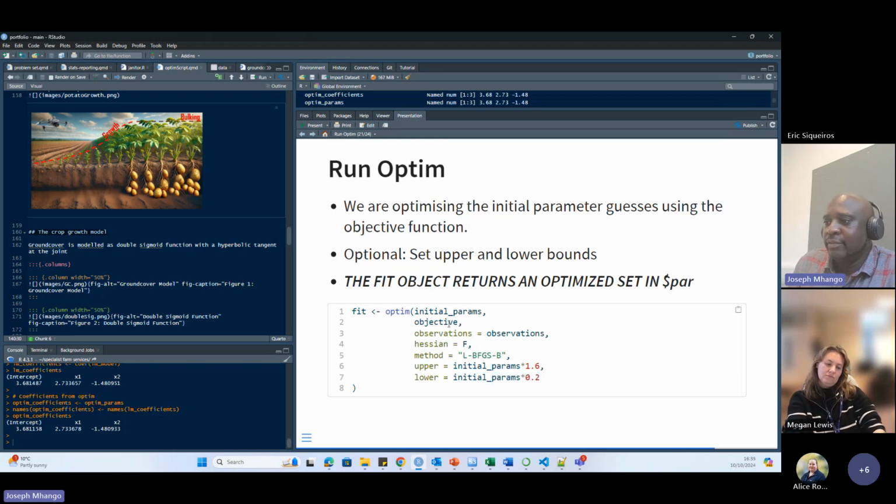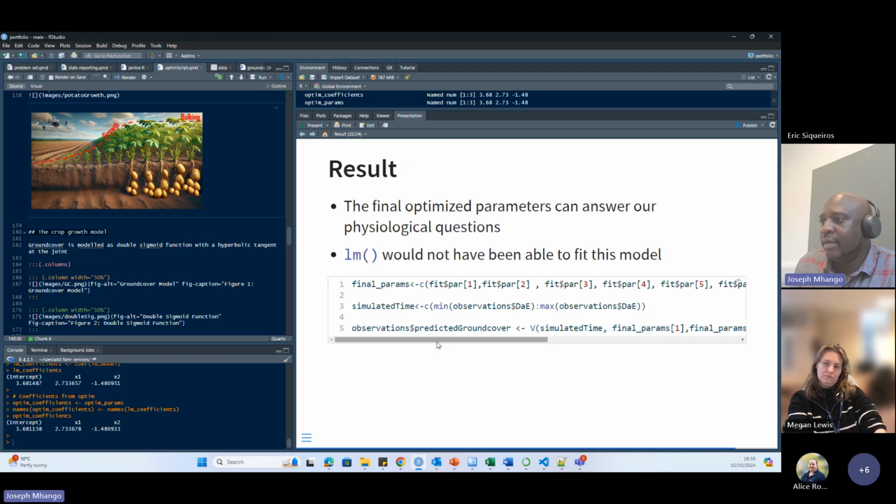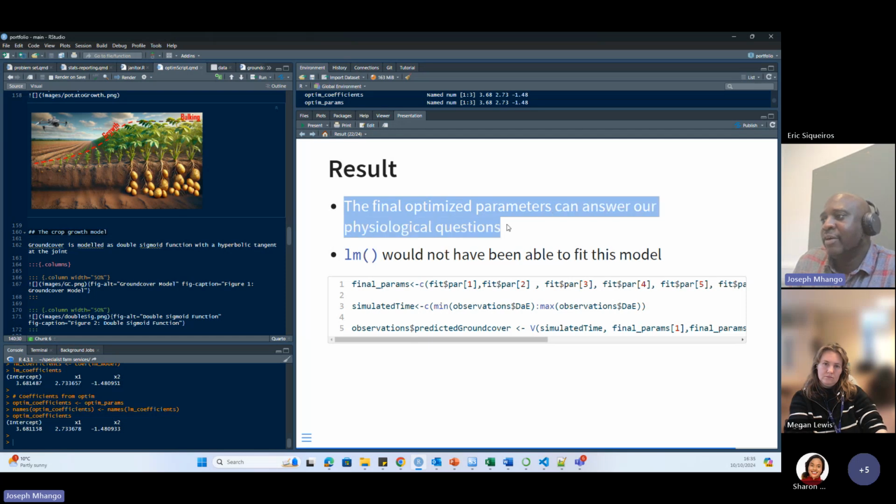So when I do that with Optim, I get a final result. And the final optimized parameters can answer all the physiological questions that I set out to collect.